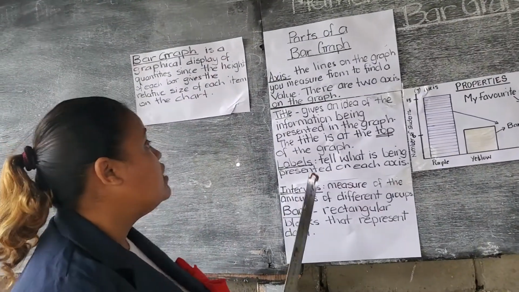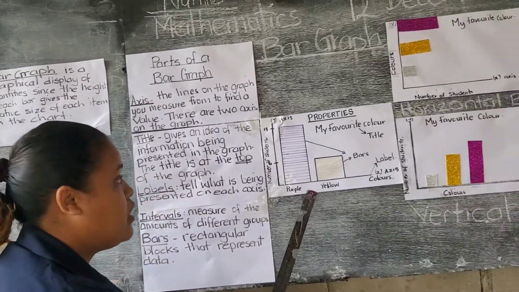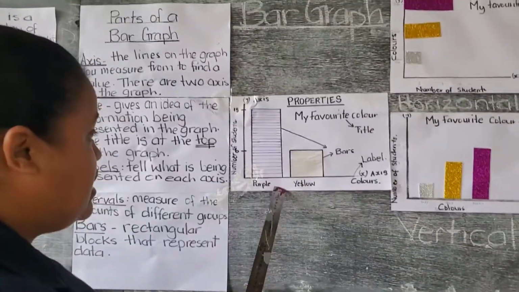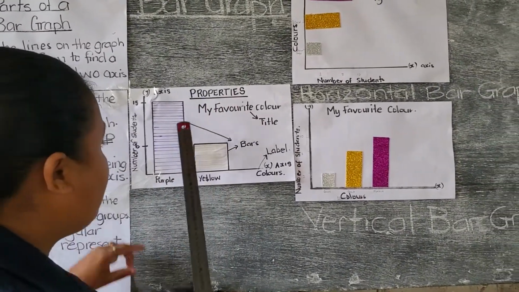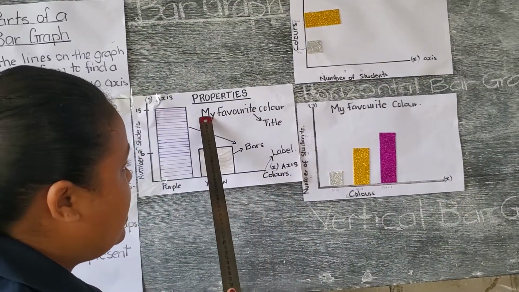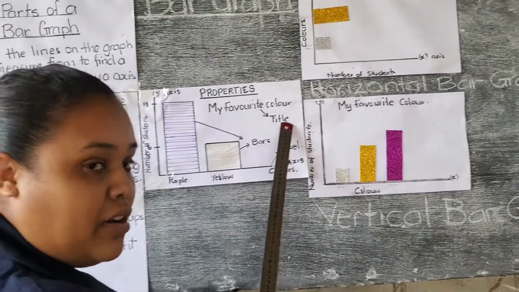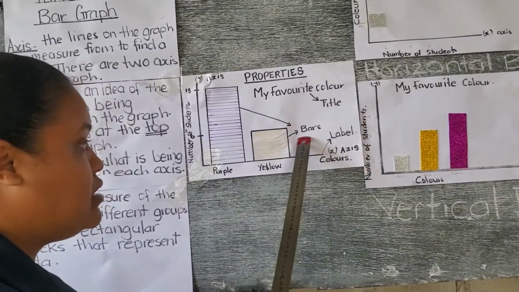Now, the parts of the bar graph can be seen here on this representation. It says here, this bar graph is based on my favorite colors. This here is the title of the bar graph. These two here are the bars.